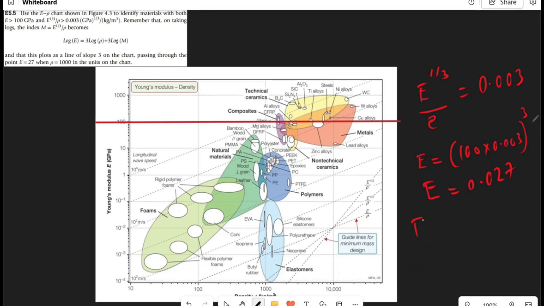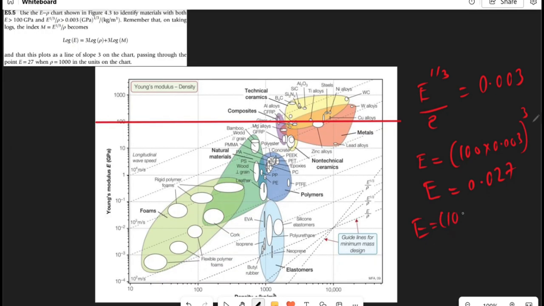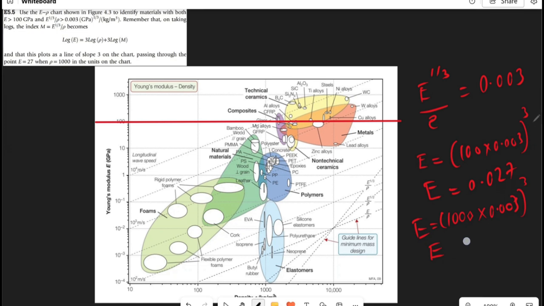When density is equal to 1000, we have 1000 times 0.003 all raised to power 3. So our value of E will be equal to 27. So with these 2 points, we can plot the next line. We'll now bring out our ruler again.